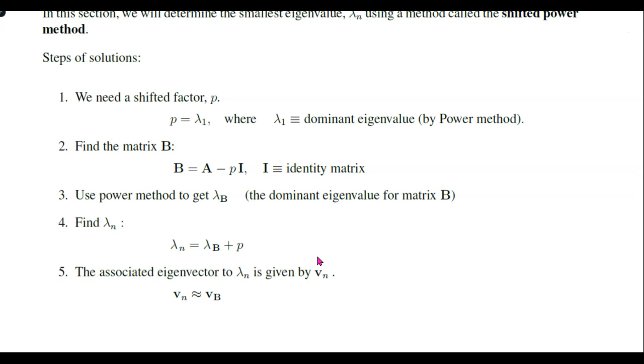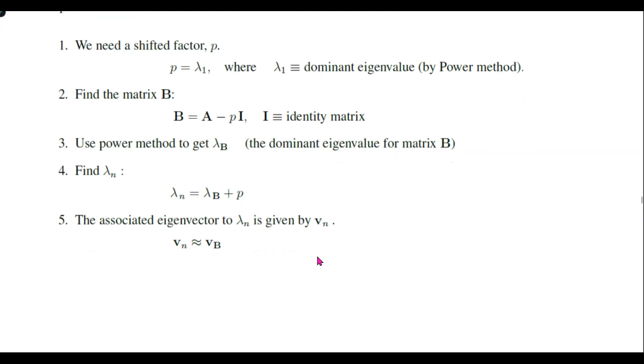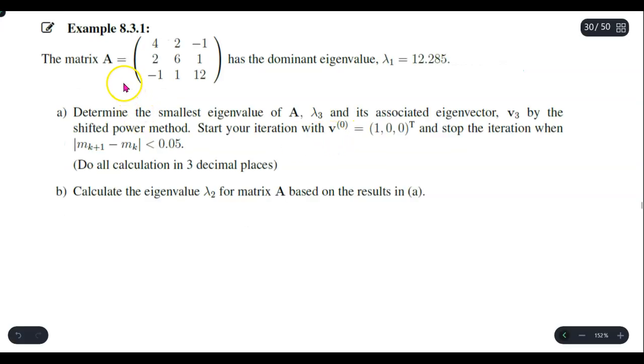Next we are going to see one example on how we can apply the shifted power method. Consider this matrix A, which has the dominant eigenvalue lambda 1 equal to 12.285. This is the same matrix that we had in the previous video on the power method.